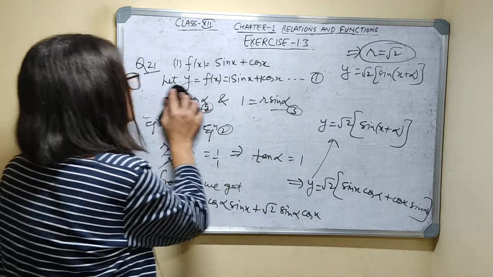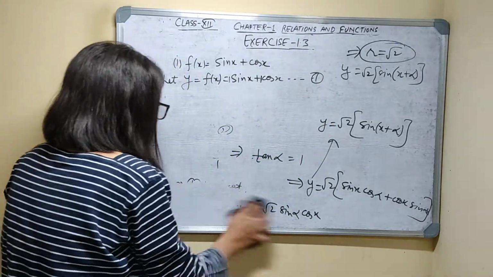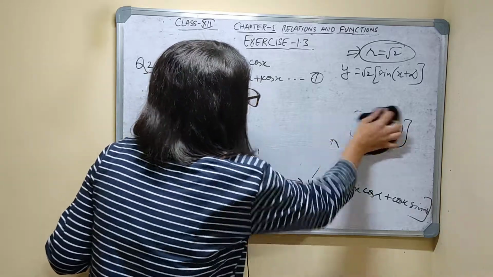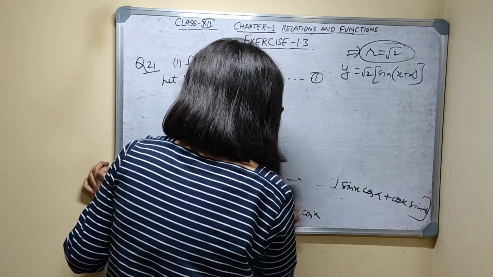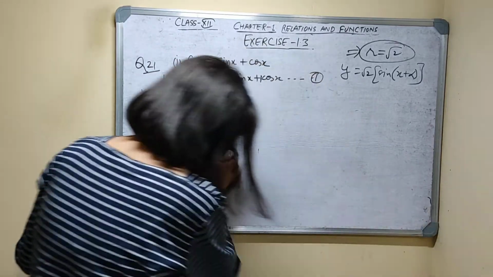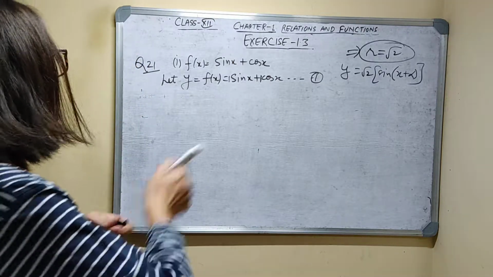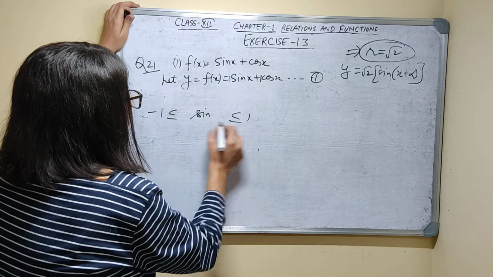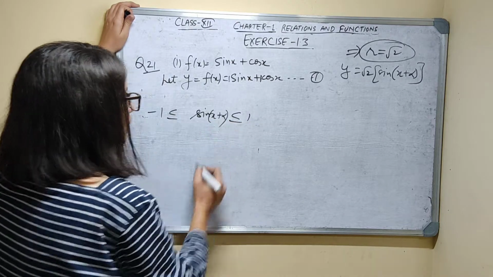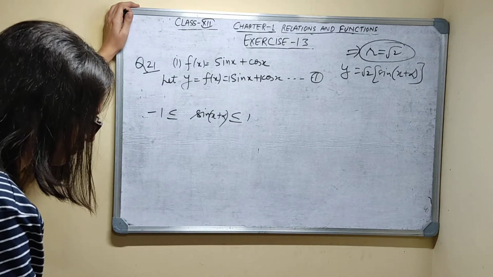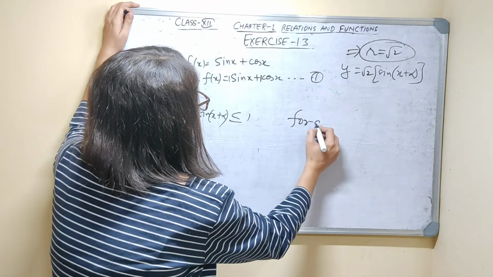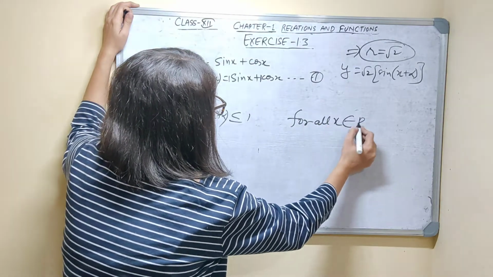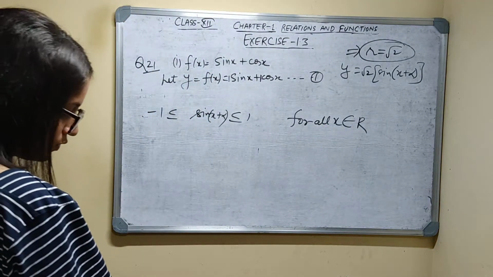Now y is equal to root 2 sin of x plus alpha. You know the sin value is between minus 1 to 1. So sin of x plus alpha is also between minus 1 to 1 for all x belonging to real numbers, because these are real valued functions.